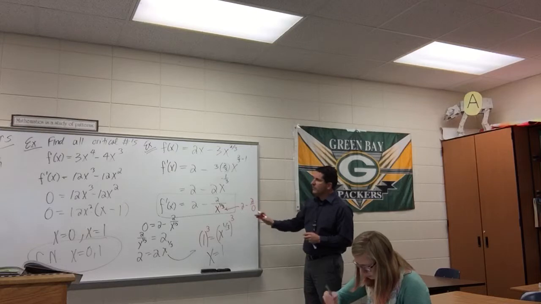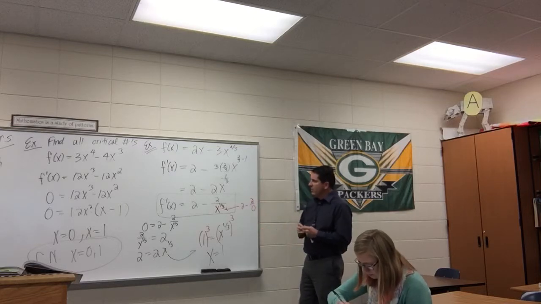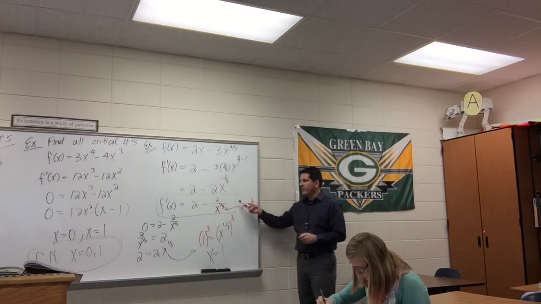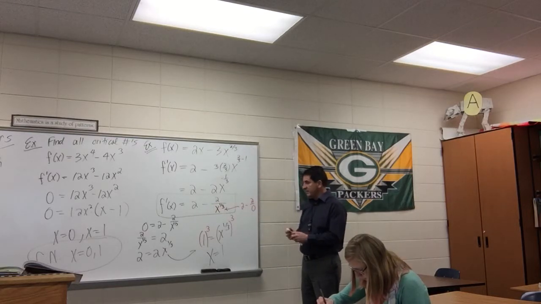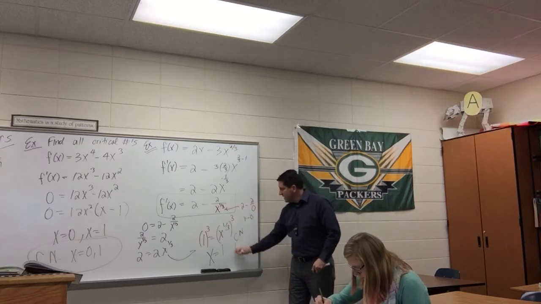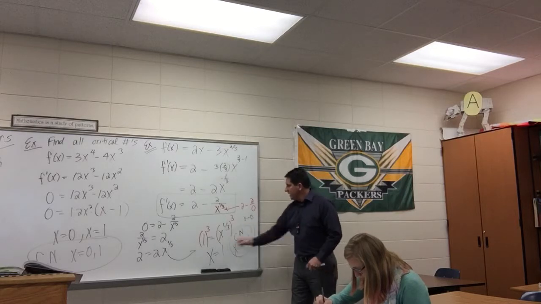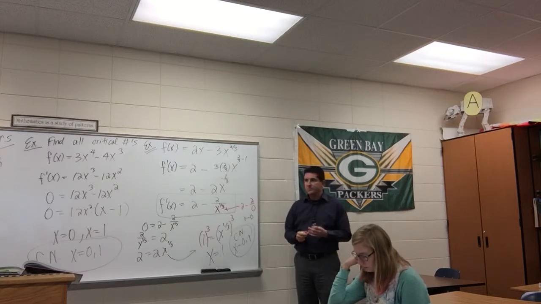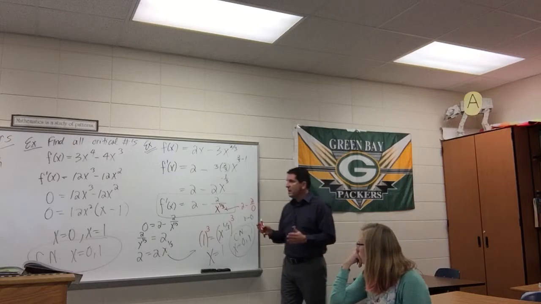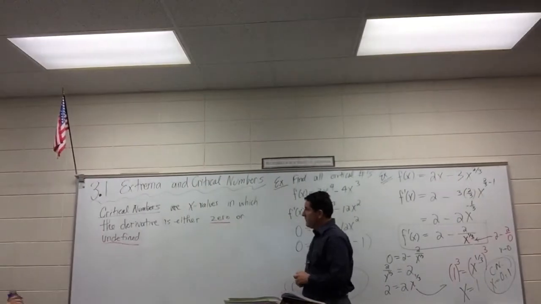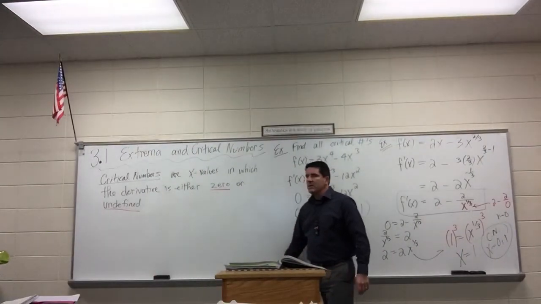They are also 0 and 1, but the 1 came from when the derivative was equal to 0. The 0 came from when the derivative was undefined. So we say 2 critical numbers, x equals 0 and 1. Does that make sense? Critical numbers are where the derivative is either equal to 0 or undefined.